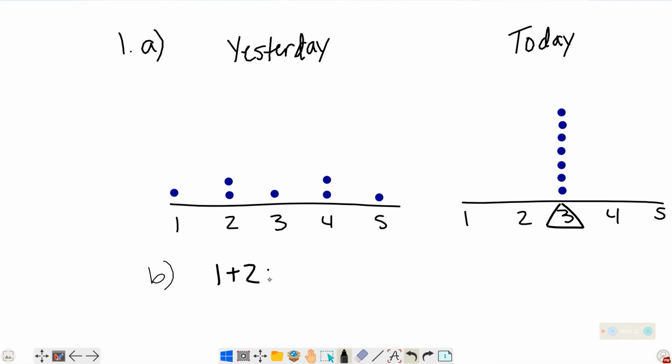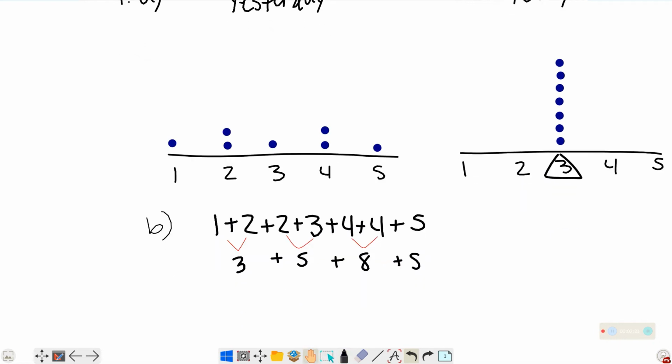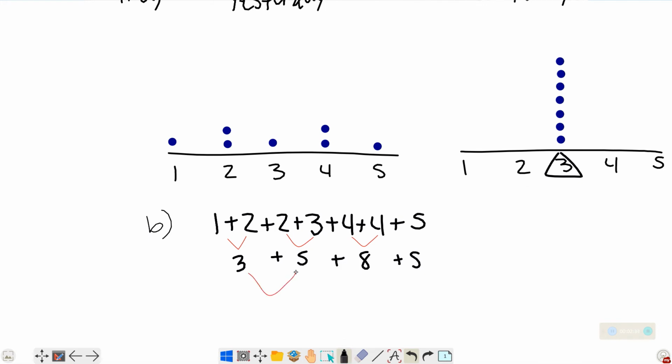On this one, we need to add the number of each point and divide by 7. 1 plus 2 is 3. 2 plus 3 is 5. 4 plus 4 is 8. And if we keep adding, we'll get 8 here.